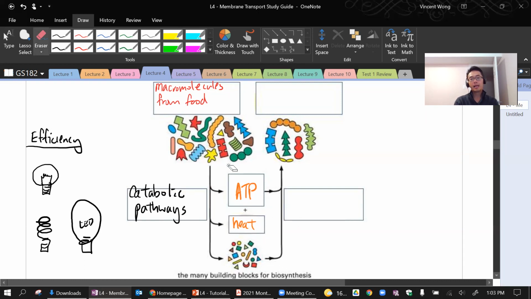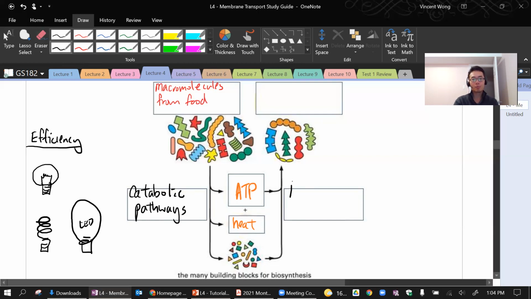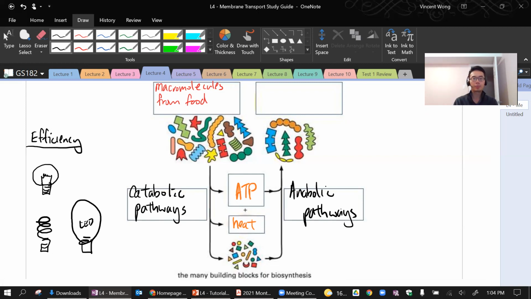Okay, and then what do we do? Well, we're going to take these monomers, right? These are building blocks for making molecules that we need. And to build things, it would be anabolic pathways. So what are some of the things we need to build? Well, maybe we need to make an enzyme, so we need to take amino acids and build a protein.